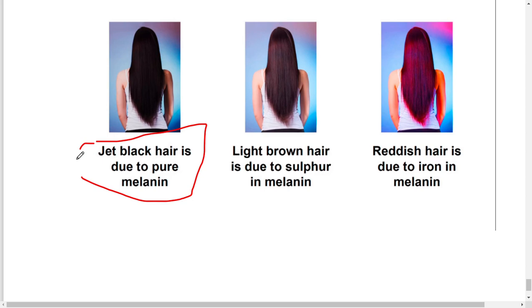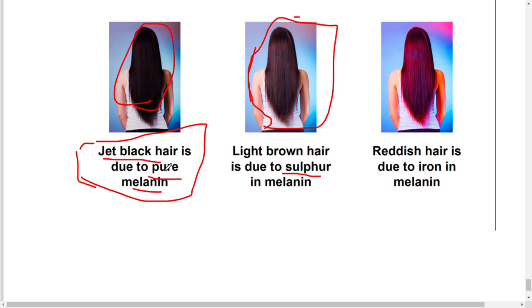Now, jet black hair. The color of this hair is jet black due to pure melanin in your hair. Light brown hair like these is due to sulfur in the melanin.